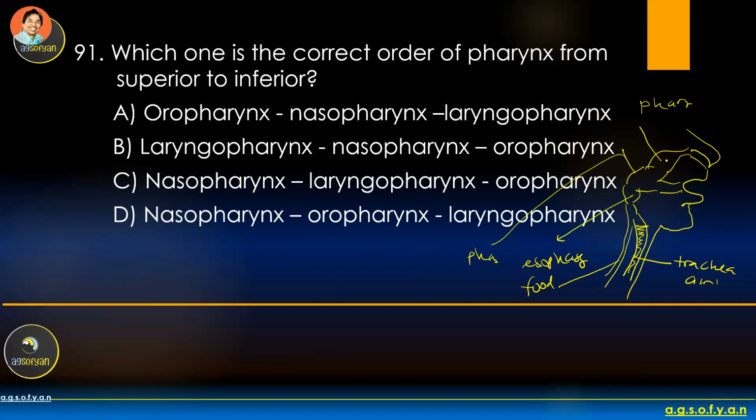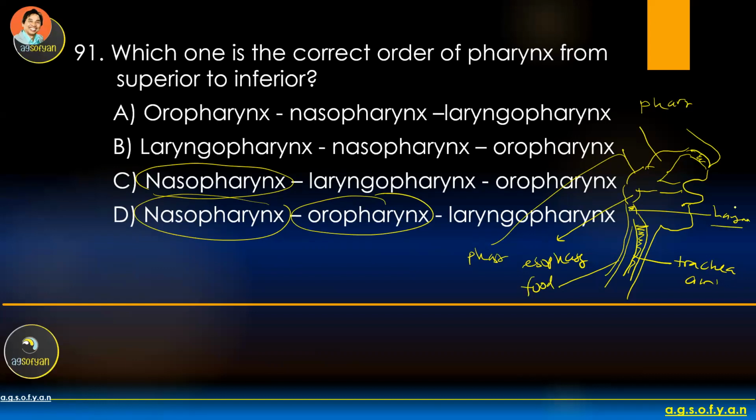There are three parts of the pharynx actually. The first one, behind the nose, is called the nasopharynx. So it starts from the nasopharynx. The second one, behind the mouth, is called the oropharynx. And the last one is the one close to the larynx, which separates the food and air.